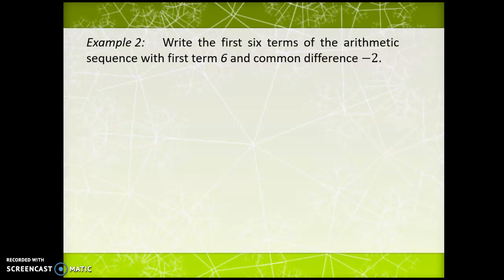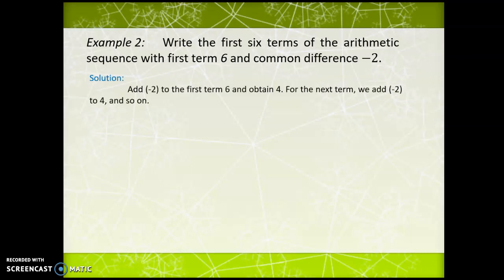Next, example number 2. Write the first 6 terms of the arithmetic sequence with the given first term 6 and common difference negative 2. So first term is 6 and the difference is negative 2. You add negative 2 to the first term 6 and obtain 4.